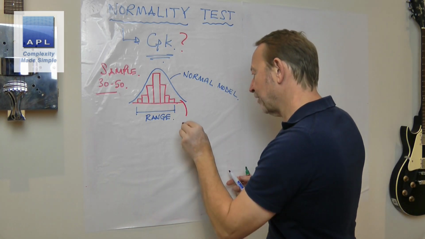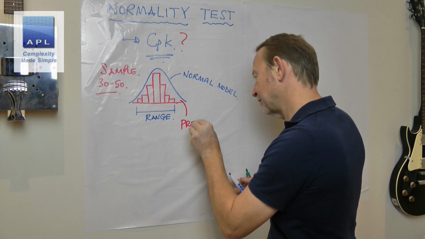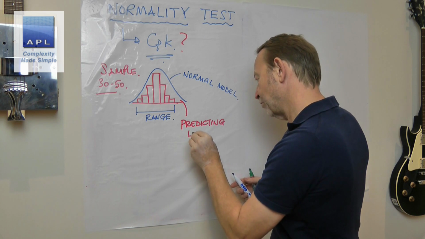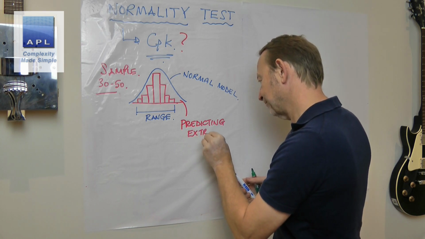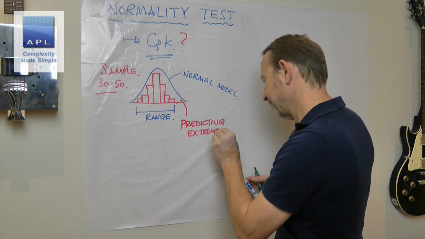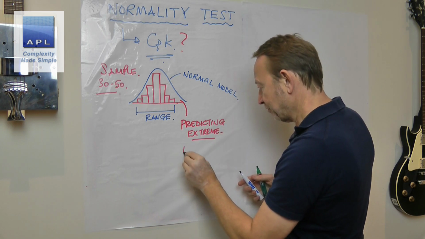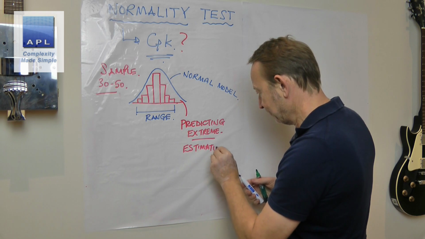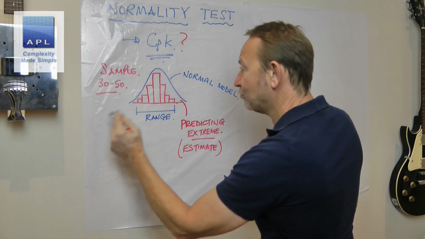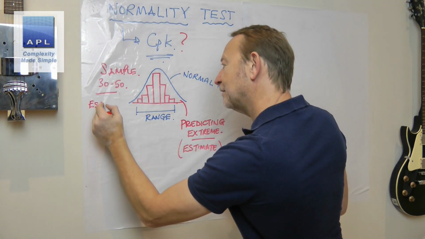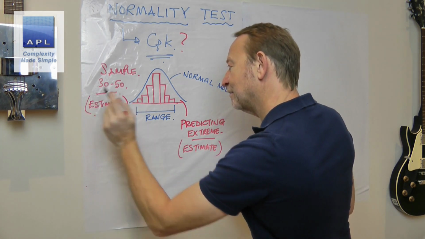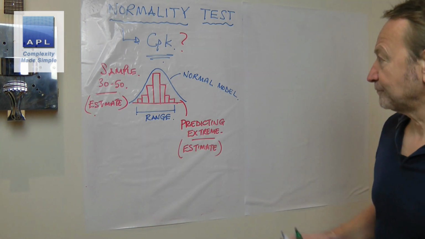And then of course what we are doing is predicting extremes. We're going to predict the range. Obviously a prediction is an estimate of what's going to happen. Obviously your sample is an estimate of what's going to happen.